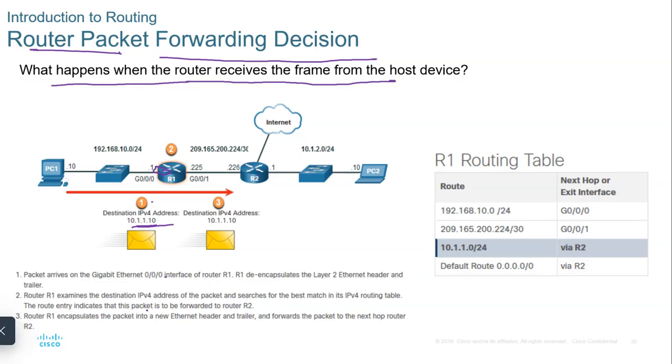The table available on router 1 is searched to see whether the destination is known by this router. The route entry indicates that this packet is to be forwarded to router 2. Our table is this one here. The destination we have is 10.1.1.10.